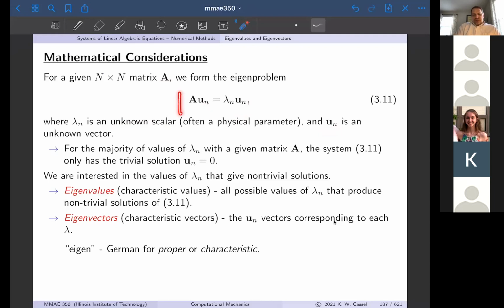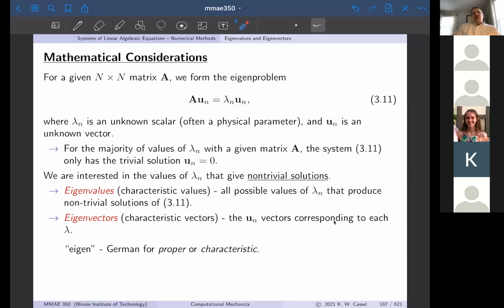Now, if I just look at this equation, I have my A matrix times a vector U is equal to some scalar times that same vector U. So you think for a given A, it's probably not very often the case that I'll have a lambda value for which when I multiply A times the U, I really get back the same U. All I've done is made it shorter or longer based on the size of lambda.